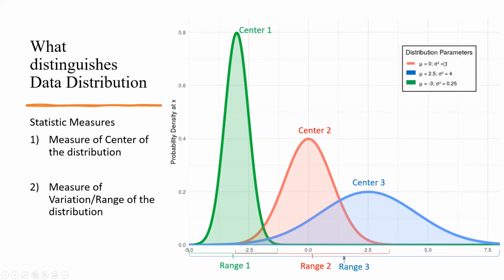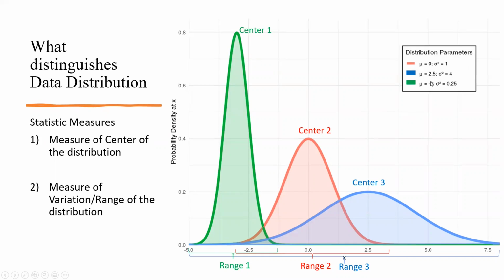Let's only try and understand sigma square in relative terms for the time being. So the red one has a range of 1, the blue one has a higher range than red, about 4, and the green one has a lower range than red, about 0.25.